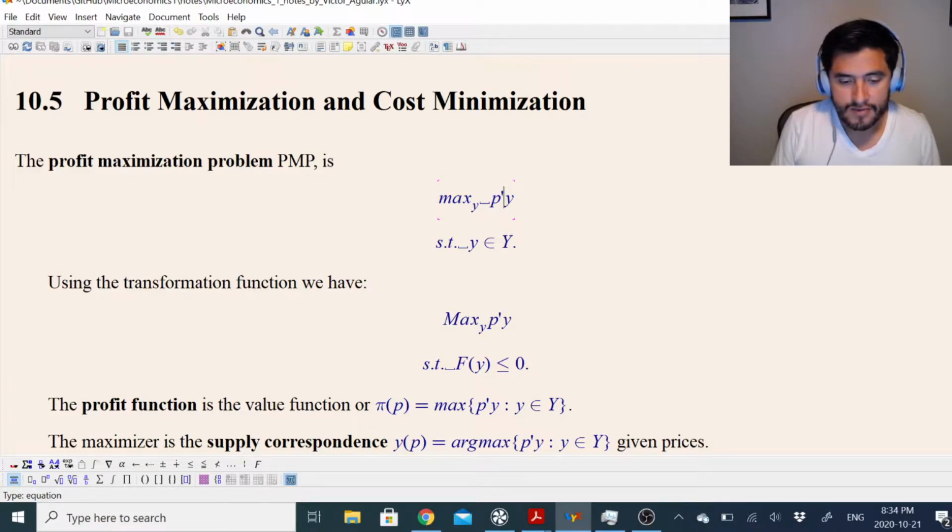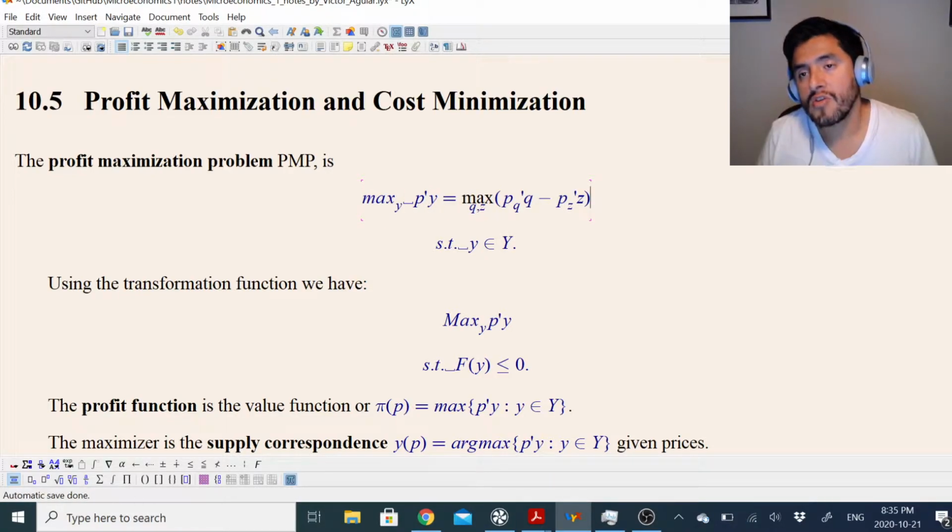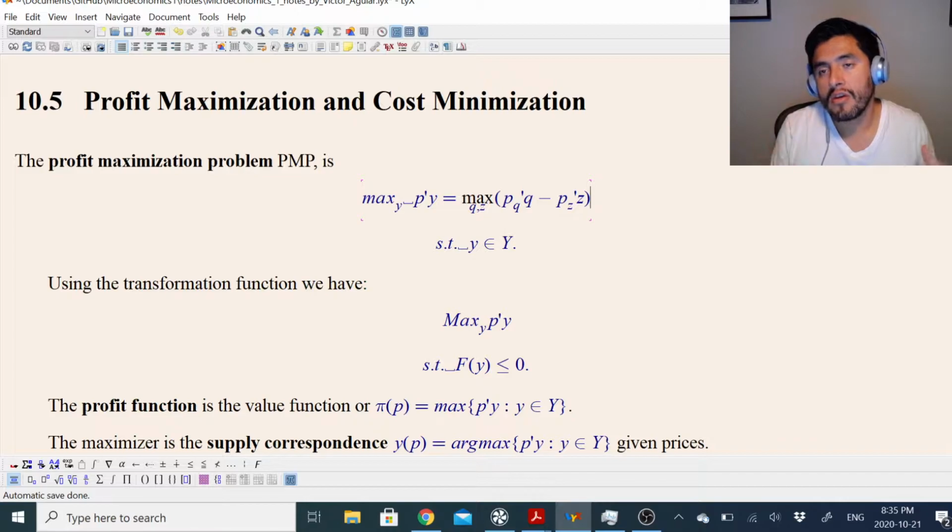So notice that this is in fact equivalent to maximizing with respect to quantities and inputs, right? When you have the multiplication of the price of outputs times the quantity of outputs minus the price of inputs times the quantity of inputs. So in fact, this is profits, because it's the subtraction of total costs from total sales.